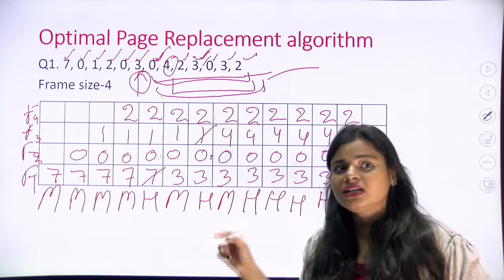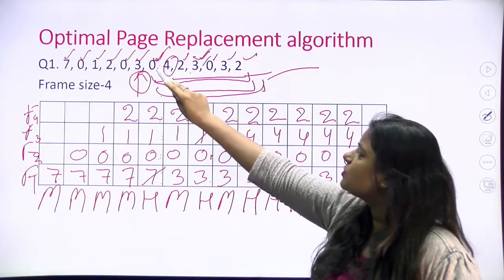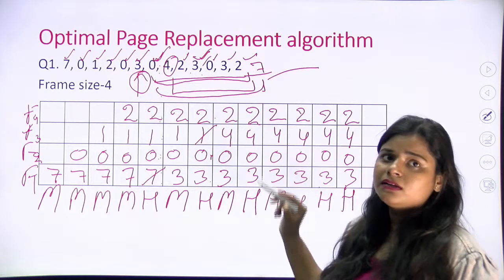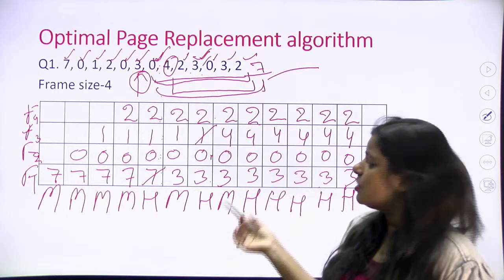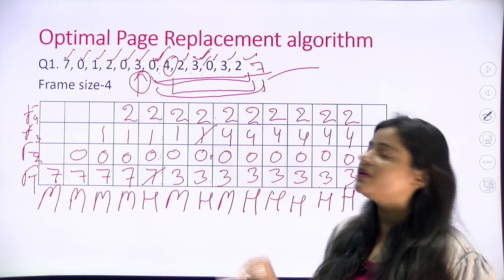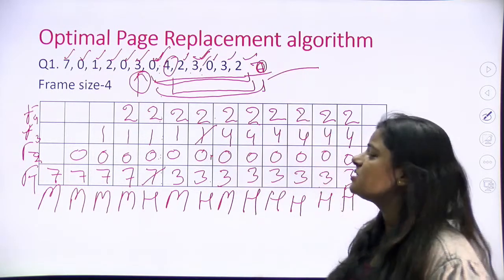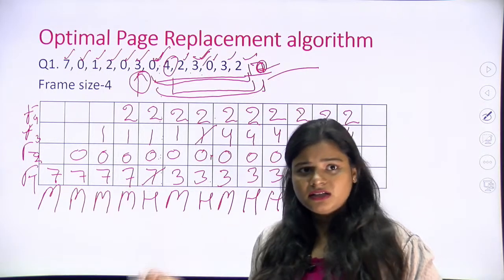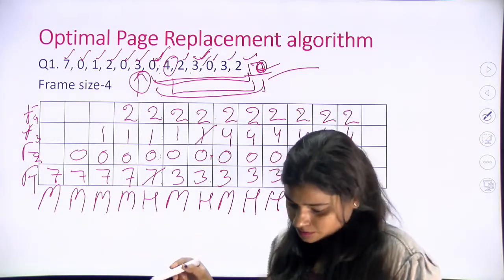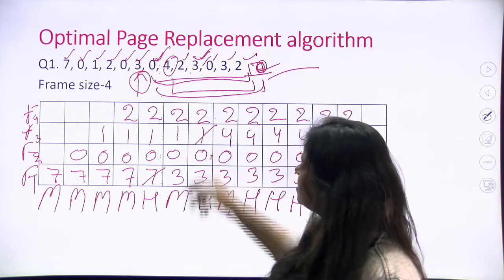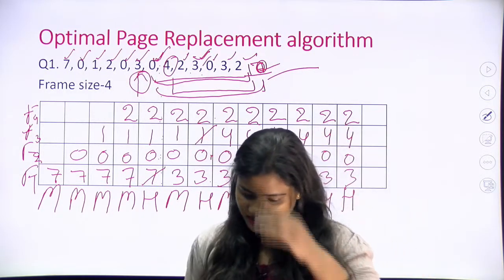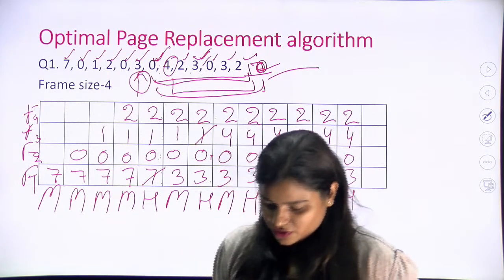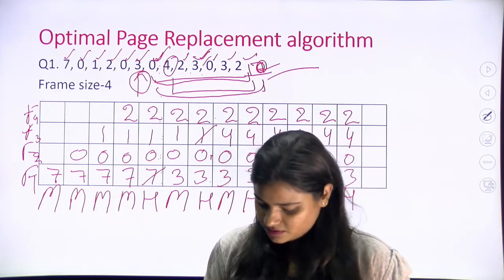I have seen 2 is coming over here, 0 is also coming, 3 is also coming. If my 7 were there, in this situation I would replace 7. But right now 7 was not present inside the string, and 1 is also not present inside the string. In this scenario I have the choice of replacing 7 or 1. Yes, Riya, very good, I think you are watching it properly, that's why you are able to give the answer, very nice.